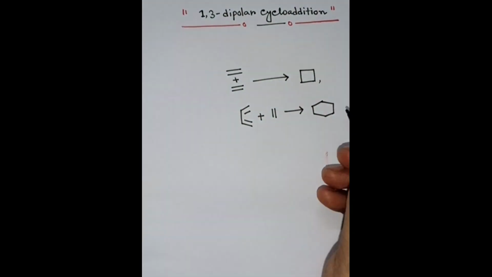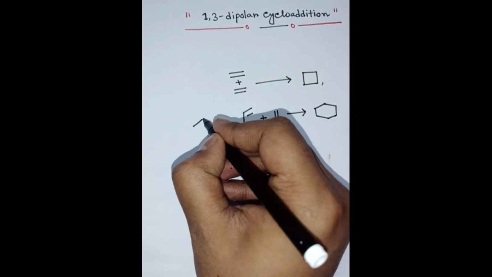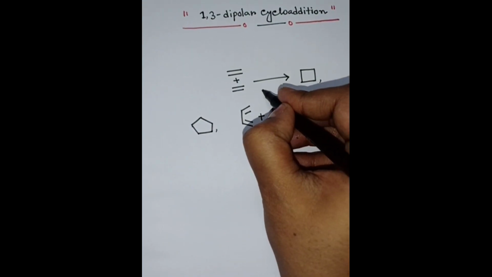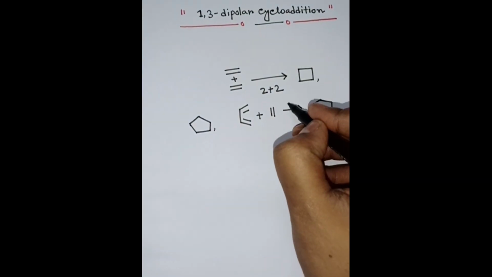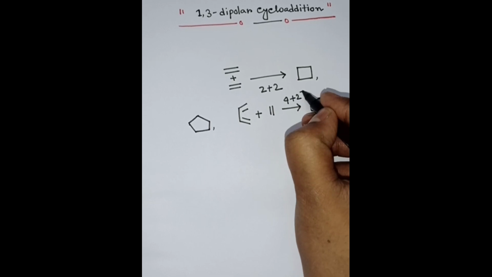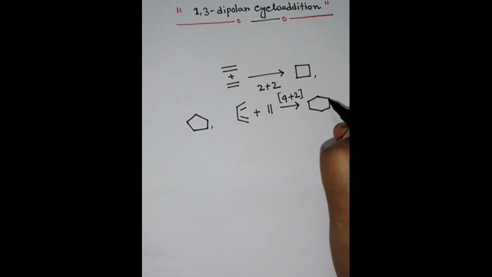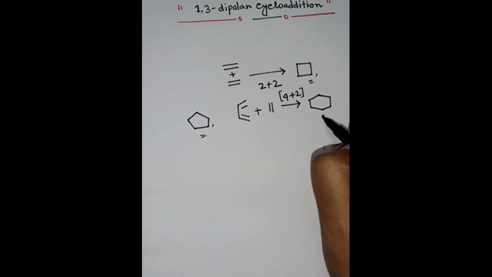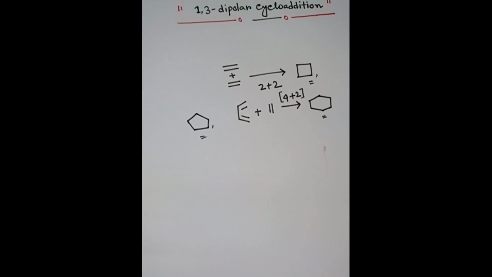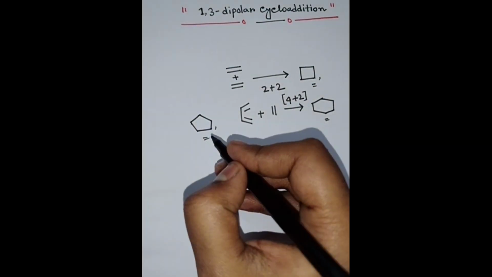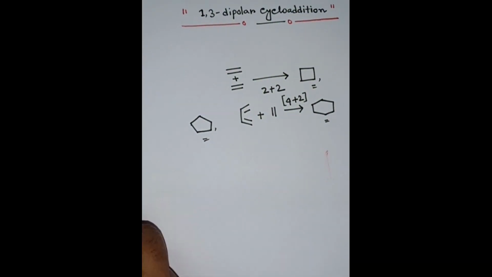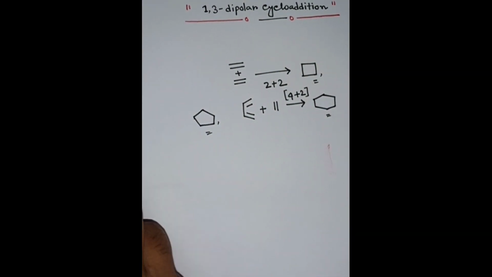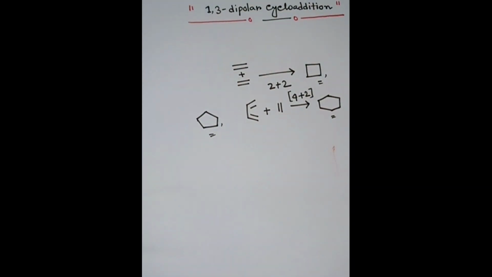But how can we get a 5-membered compound? Either by this 2+2 or this 4+2 cycloaddition we cannot get this 5-membered ring. We will end up getting a 4-membered or 6-membered ring. So to get a 5-membered ring containing compound, the 1,3-dipolar cycloaddition reaction comes into the picture.